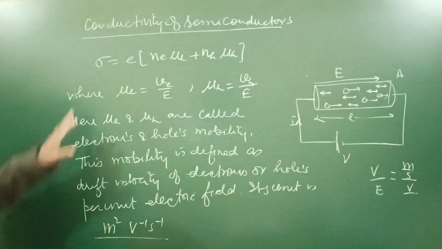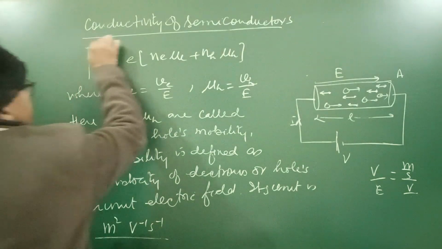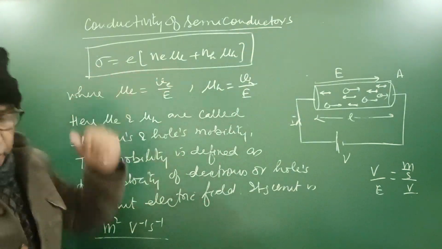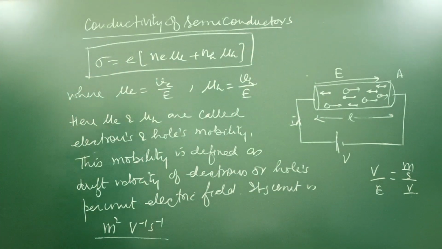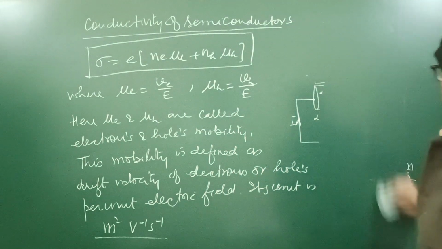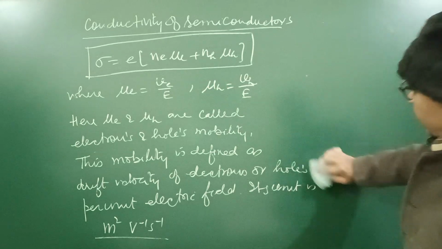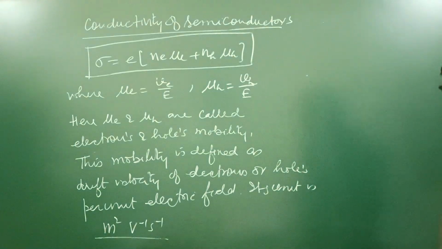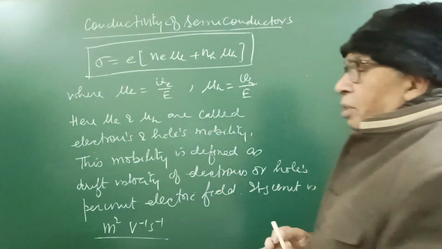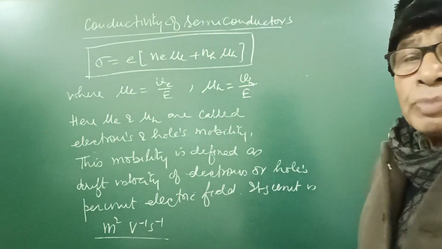So we get sigma, the conductivity, dependent on the number of electrons and holes. And you know, holes show conductivity when they are present in the valence band, and electrons in the conduction band. And these are the number of electrons and holes per meter cube taken.